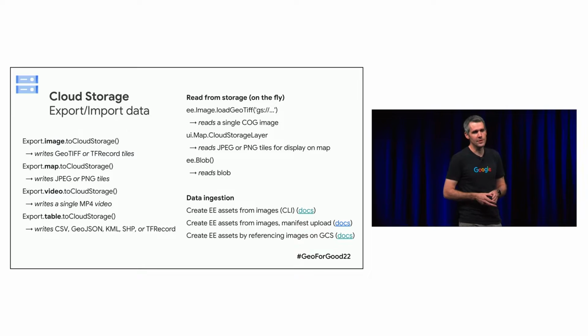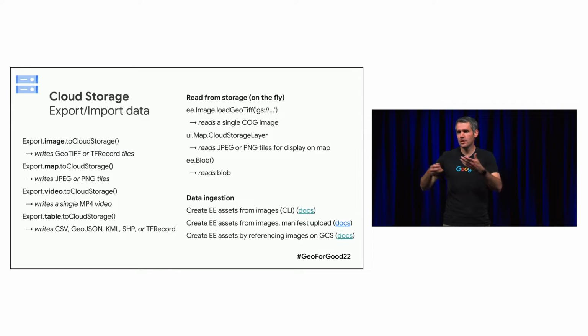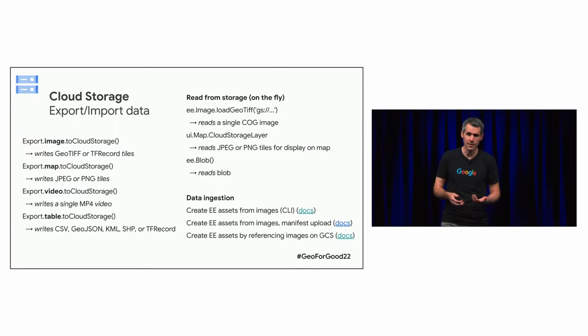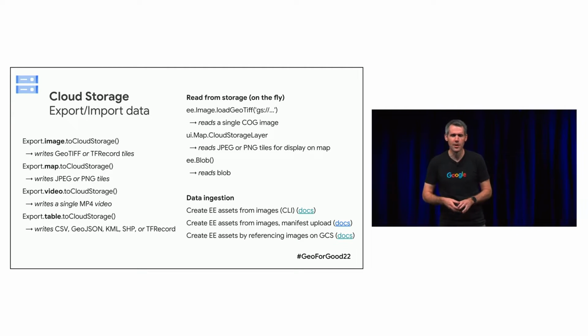This might be helpful because you might be working with these GeoTIFFs, or COGs, and you want to use them in Earth Engine, but you also need to use them in some other framework or procedure or operation. And so you don't want redundancy. You don't want the image stored as an Earth Engine asset and also stored as a COG. You could very well do that if you want, but there may be some reasons you might not want to do that.